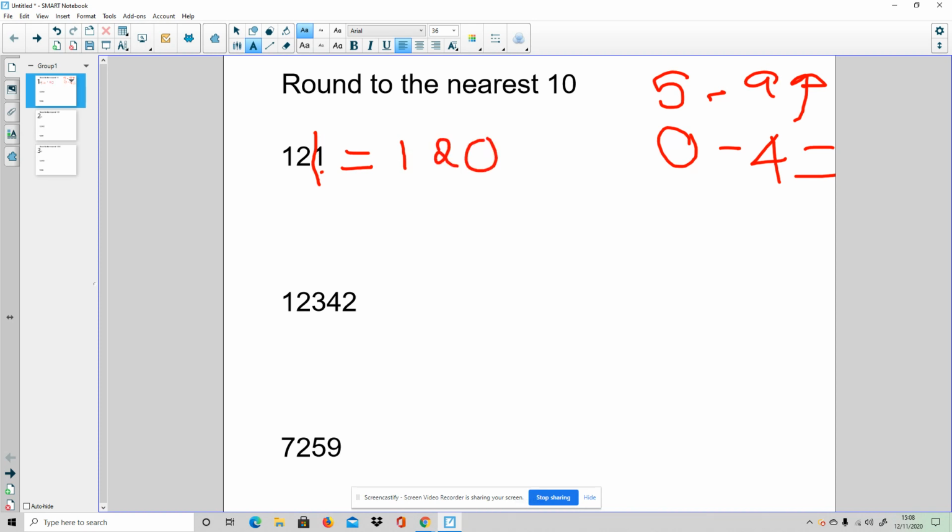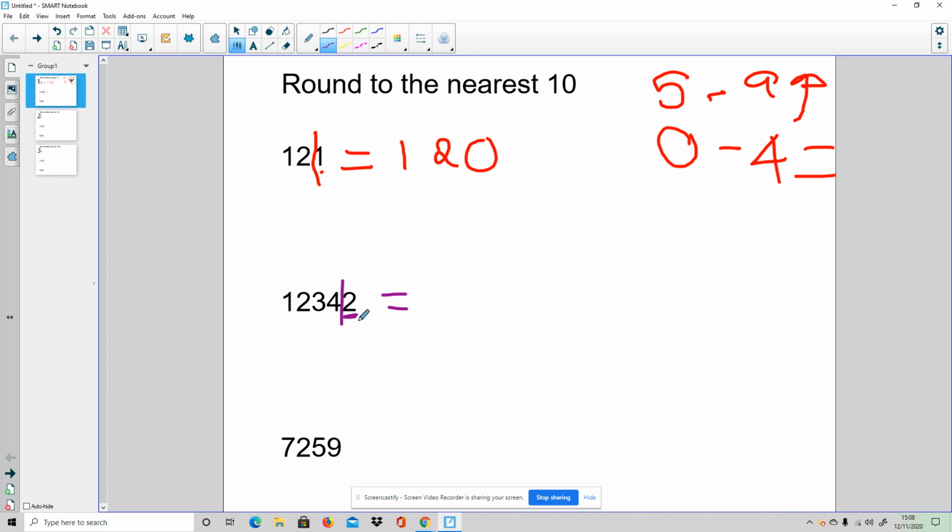The second one then, just change the colour of my pen. Okay, I'm going to draw a line after the tens column again, just like before. This 2, so the number we've got at the minute is 12,342.